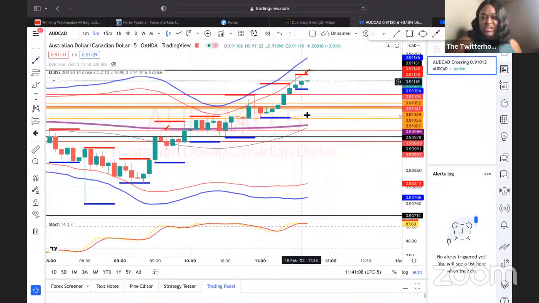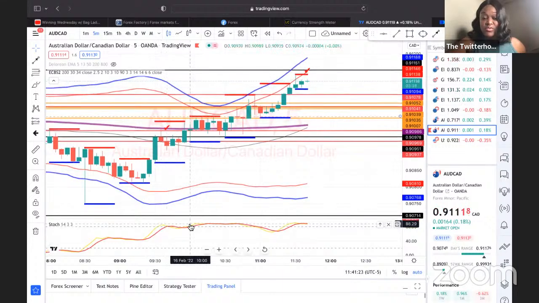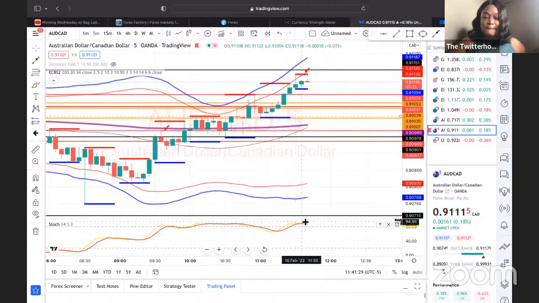I'm waiting on it to come all the way down here, and I highly doubt that it's gonna happen during our session, especially seeing that price has just remained in this overbought zone for quite a while. I'll just wait for it to come down.